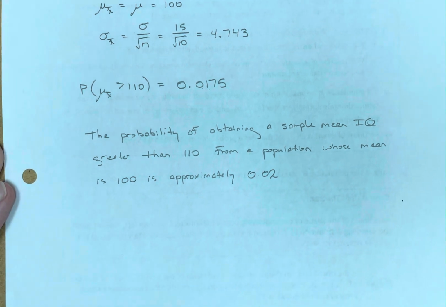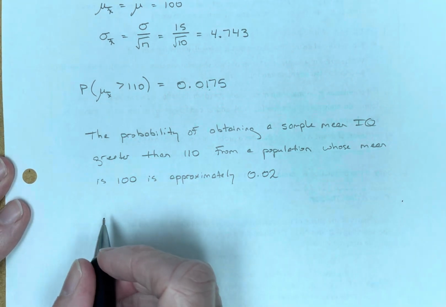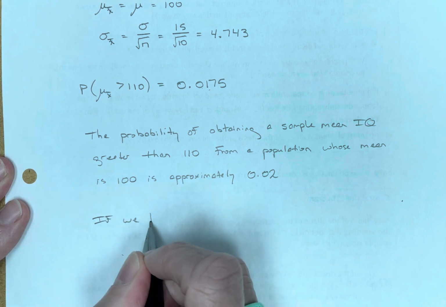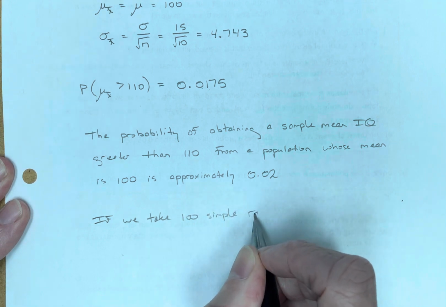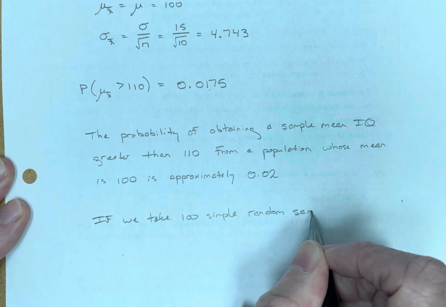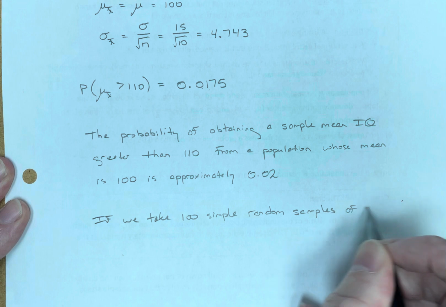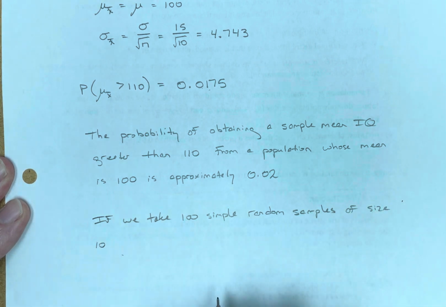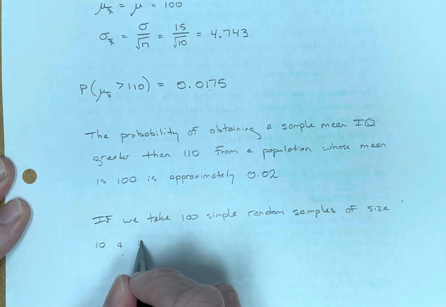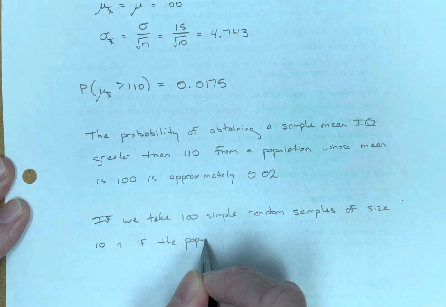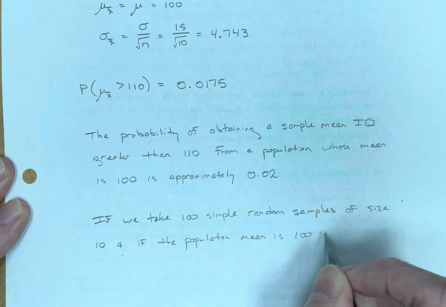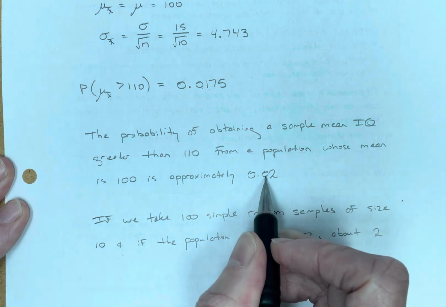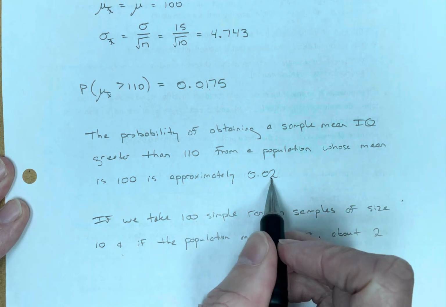Okay, so another way to speak to this: if we take 100 simple random samples of size 10, and the population mean is 100, the probability is 0.02, but we do it 100 times, so we multiply this by 0.02.